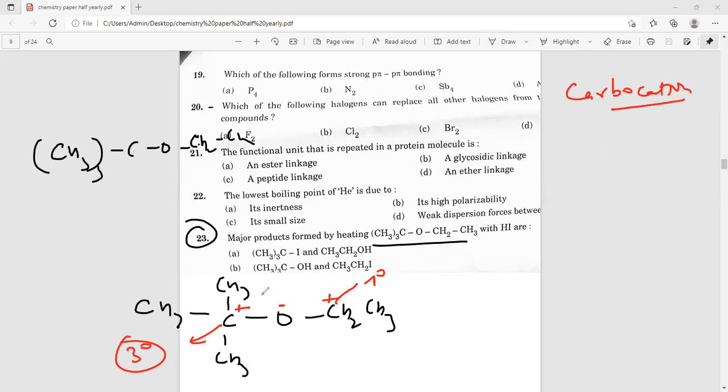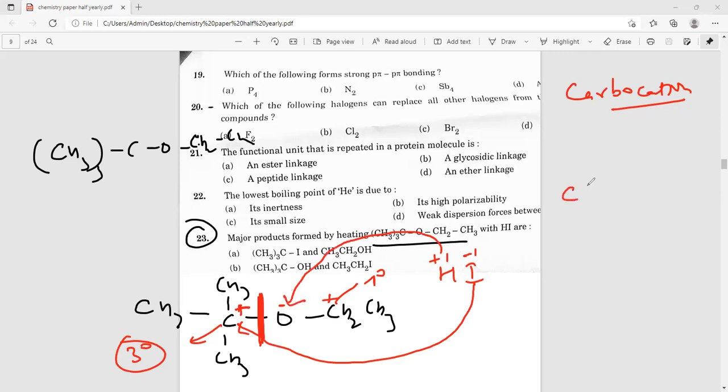Then the C-O bond will break down from here, right? Because the tertiary carbocation is more stable. And H carries positive charge while I carries negative charge, right? Then I is attached to the tertiary carbocation while hydrogen is attached to the oxygen atom.